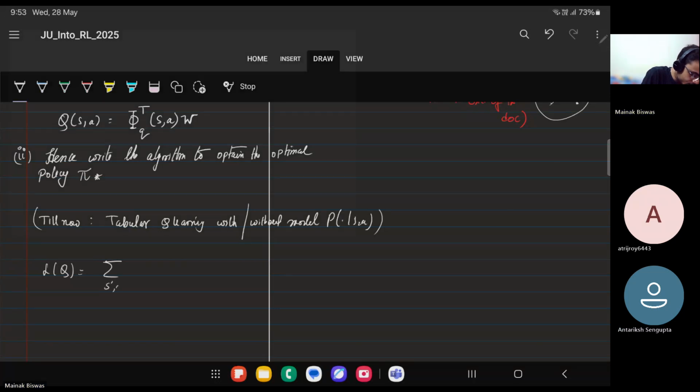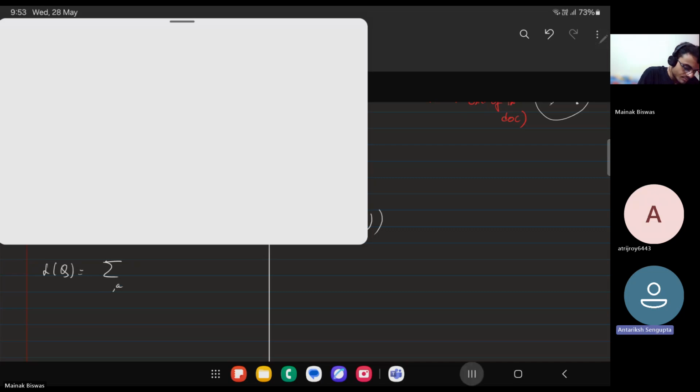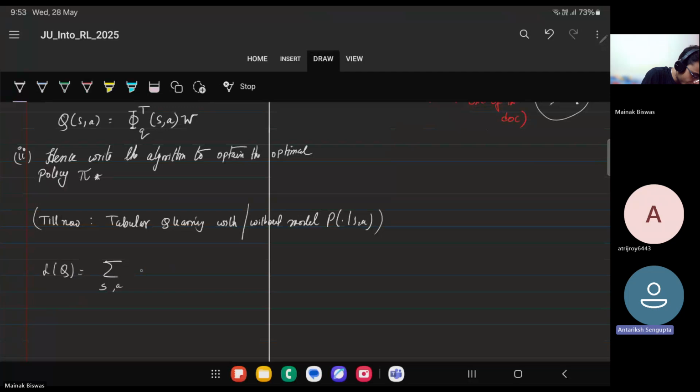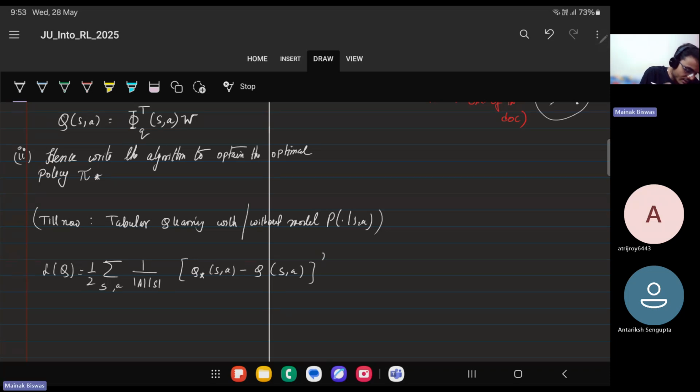The loss function, sorry. It was the summation over S and A, 1 by mod of S into 1 by mod of A, with S dash sampled from P given S and A. Yes, you're right, this is fine.